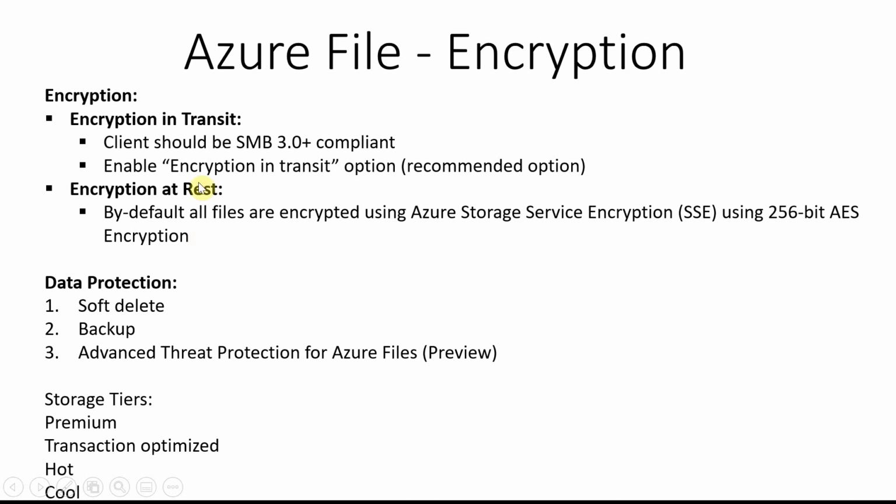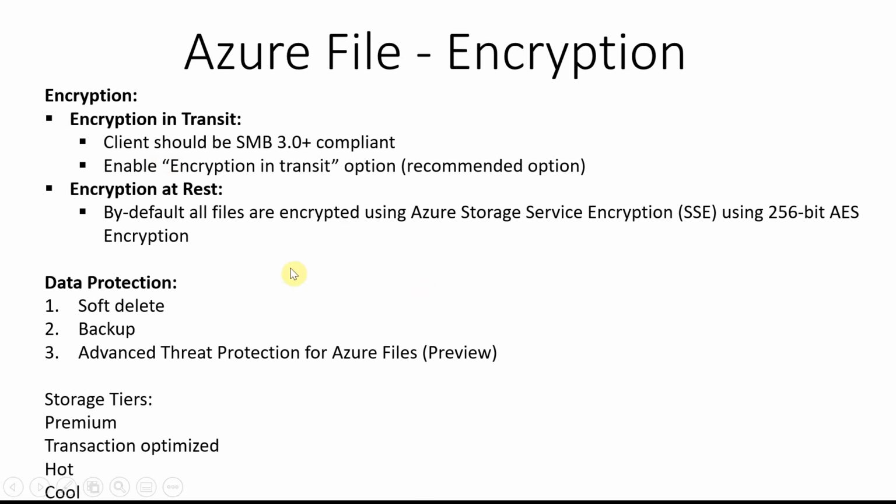And when you talk about transit, how Azure Files are encrypted is that one restriction here is that the client who is trying to access these files should be SMB 3.0 compliant, because SMB is a protocol, as you know.